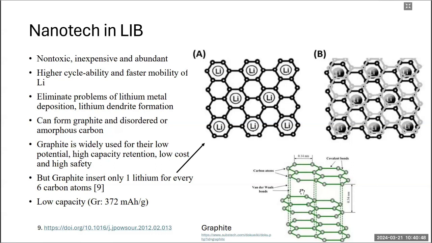As you can see, there are spaces layer by layer. In between this layer, there is a space, and also inside every hexagonal shape that six close carbon atoms make, lithium can reside here as well. Lithium can reside inside this hexagonal structure.